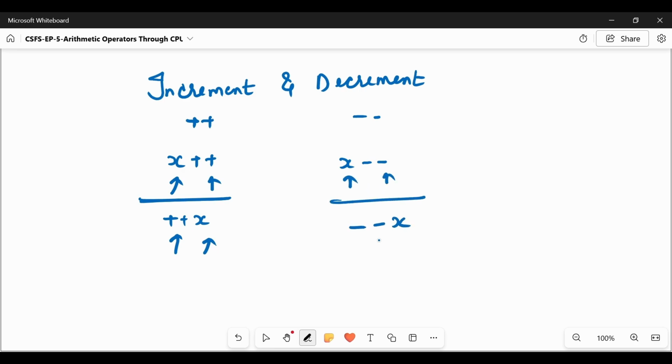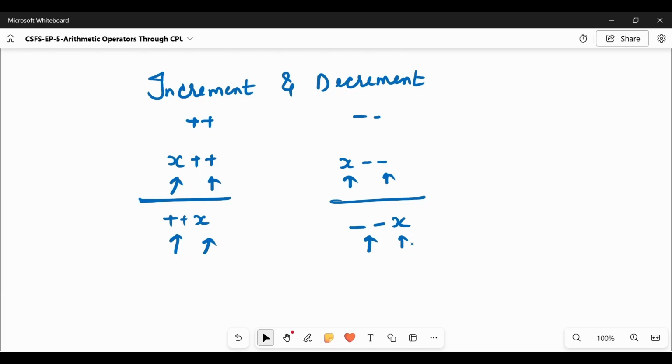Minus minus x: decrement then use the value. This is usually very confusing, and we should be very logical while performing the arithmetic operation, and multiple increment and decrement operations in a single line we should avoid, because the result may be surprising to us.